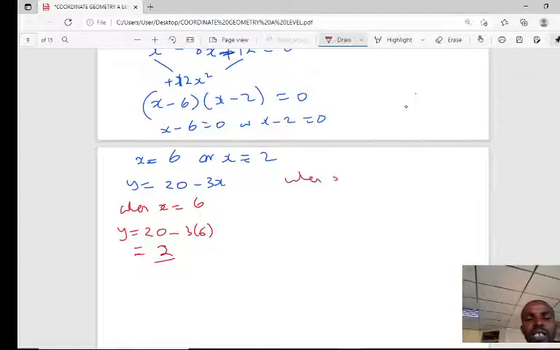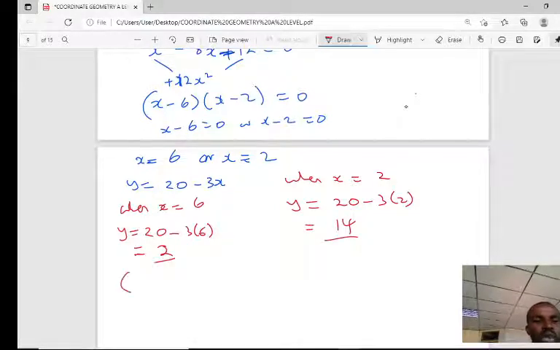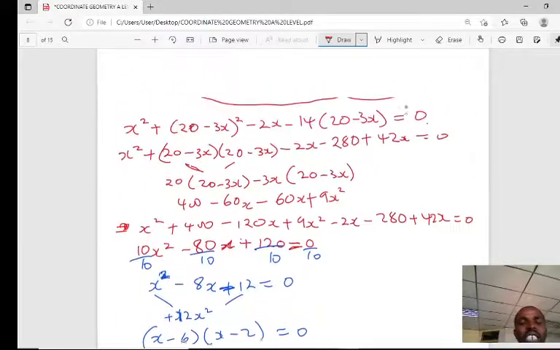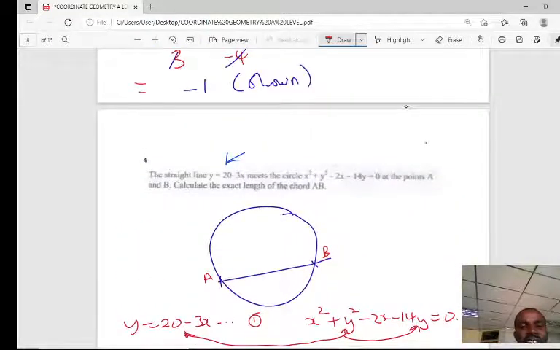Then when x is equal to 2, y is equal to 20 minus 3 by 2, which is 20 minus 6, which is actually 14. So we have two coordinates here. When x is 6, y is 2. When x is 2, y is 14. We can call this one A, this one B. So those are the coordinates of A and B.